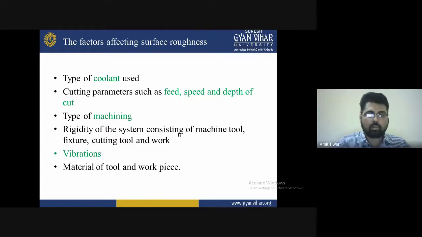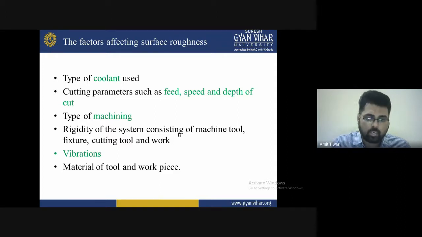The material of the tool and the material of the workpiece are also factors which are responsible, because if you select a workpiece that is much harder than the tool, and the tool material is not harder than that workpiece, then what will happen? It will not cut easily, and if it does not cut easily, the surface of the workpiece will have increased surface roughness, because the tool is not able to cut the workpiece, as the workpiece property is higher compared to the tool.